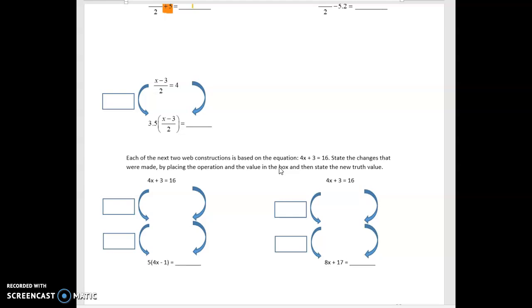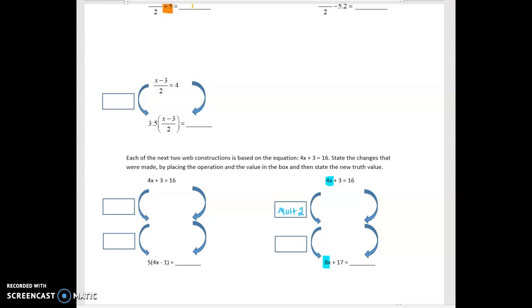In this problem, the 4x doesn't change, so what happens in the middle is probably working with this 4x minus 1. But here, the 4x changes to 8x, so it looks like we're going to focus in on this 4x has now changed to an 8x, and so that means we're going to multiply by 2.